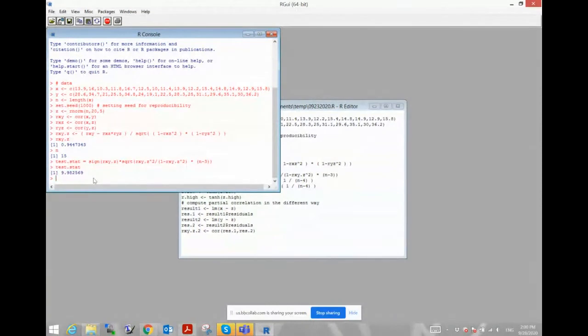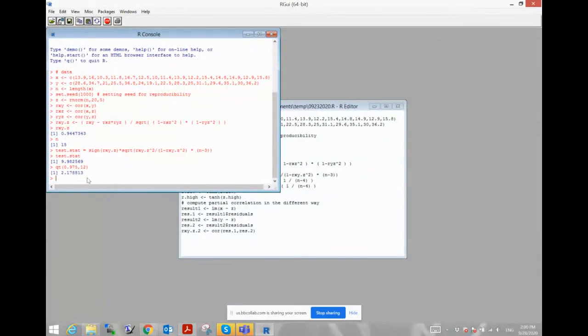Then we have to compare this with the t value. If you use the 5% significance level, the t value with degrees of freedom 12 is 2.179, and the absolute value of the test statistic is the same as the original test statistic.